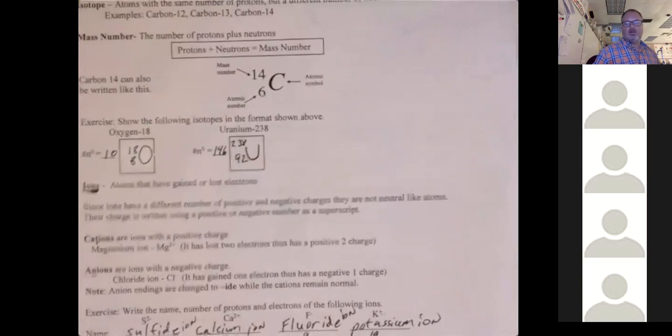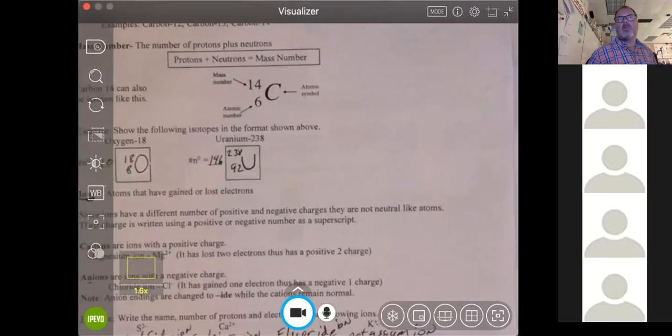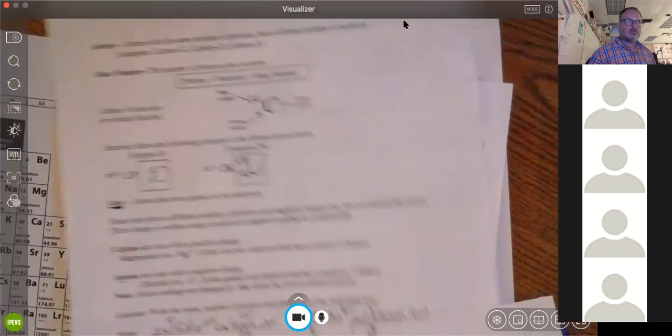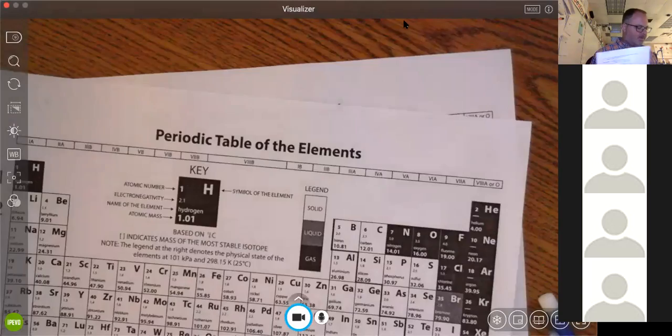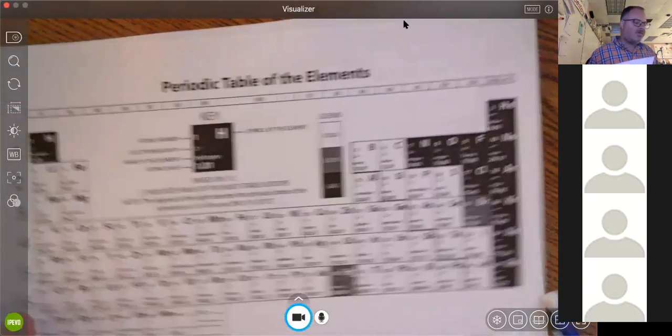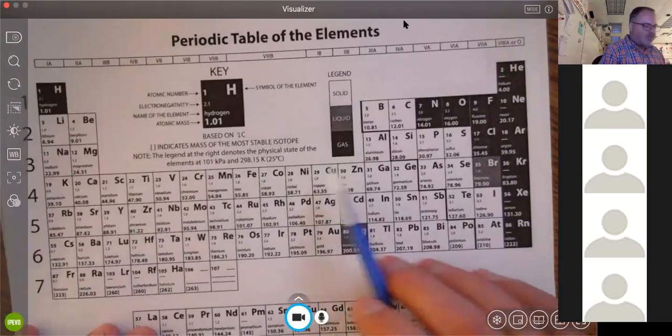If you recall, our note guide dealing with Unit 5. The last page of it is the periodic table overview. I've also got set up here a periodic table of elements. Now you may have the colored version, which is awesome. Mine, unfortunately, I don't have a colored printer. So mine is going to be in scales of gray.